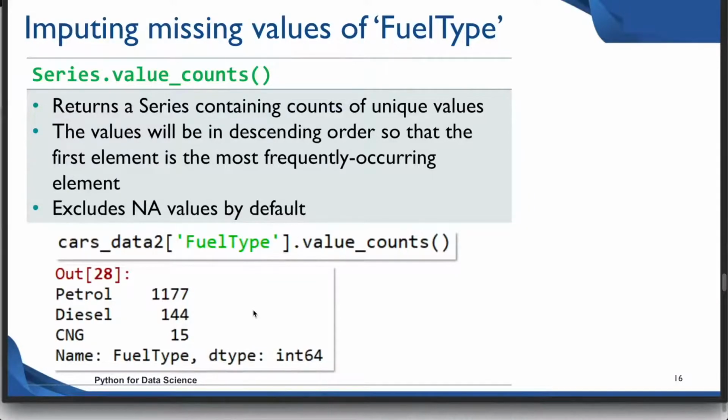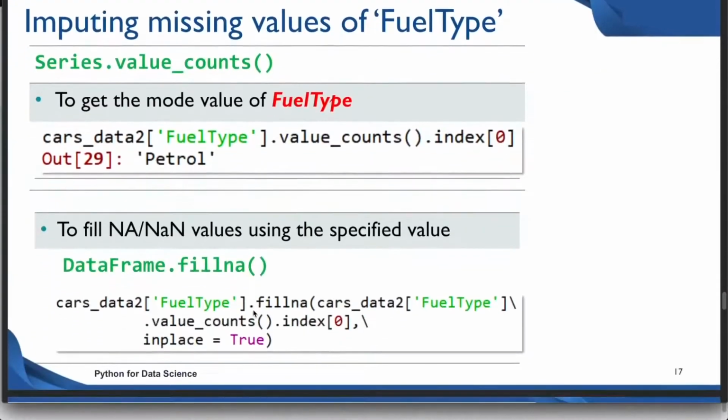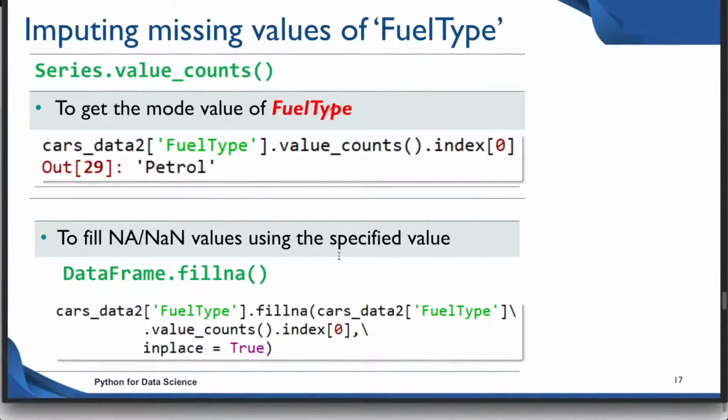Okay, got that value. Now we'll use index 0. We select that and fill all the other missing values with that particular fuel type. For that, we'll call the fill function.